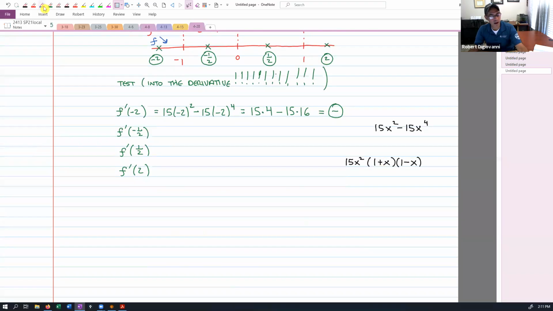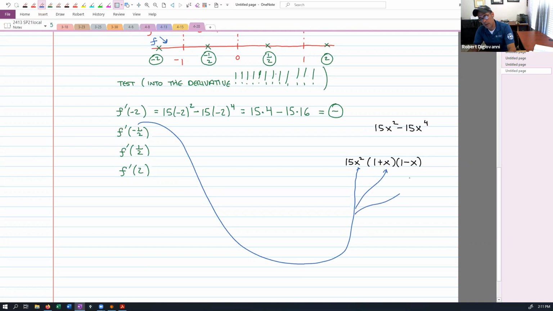So let's just think about what would happen if I took -1/2 and plugged it in here, here, and here. What would happen if I did -1/2 and squared it and then hit it with a 15? I'd get a number that's positive, wouldn't I? Yes. And then I'd multiply that times a number right here.